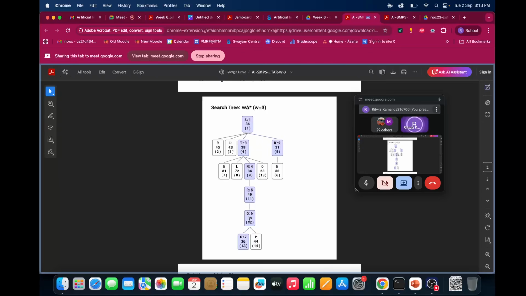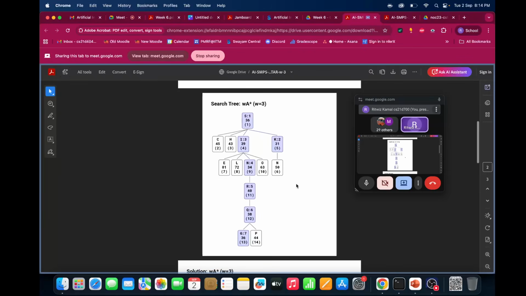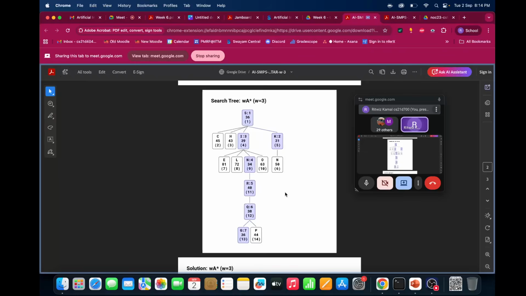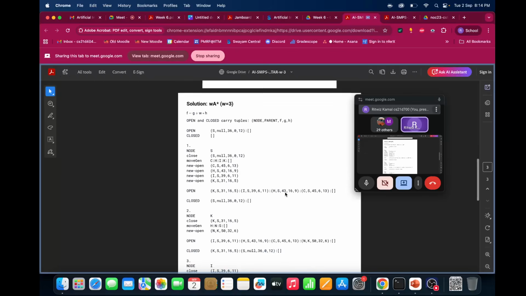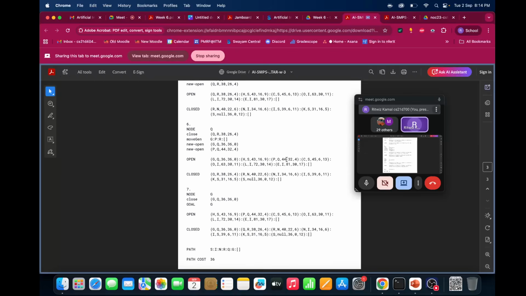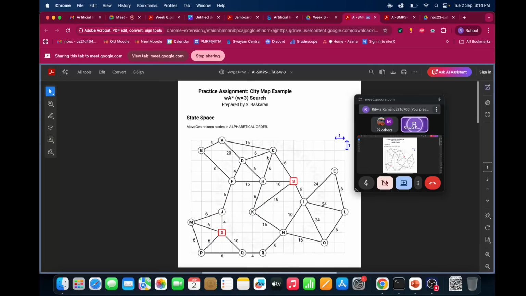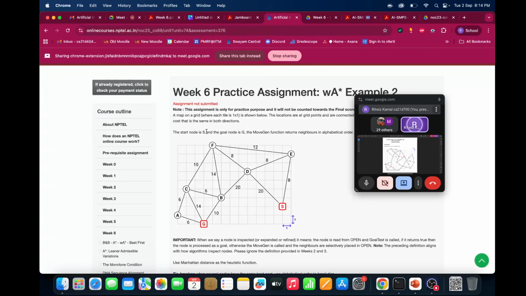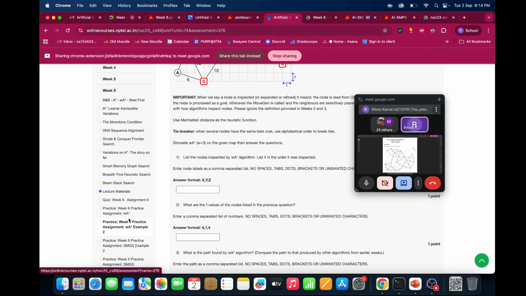Yes. Any other instance of propagation improvement? I don't seem to see anything else. This you can verify later on, but let's have a look at the solution and check what is given there.